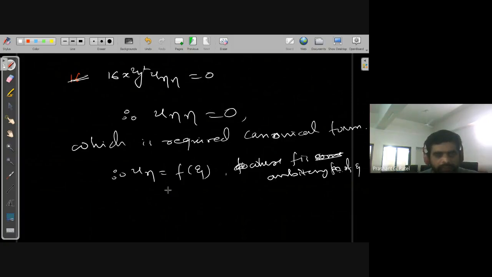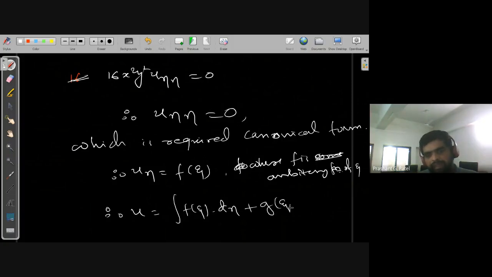Again, if I integrate with respect to eta, we'll have u equal to integration of f of xi into eta plus another function will appear of xi. So it says g of xi. So f and g, both of them are functions of xi.